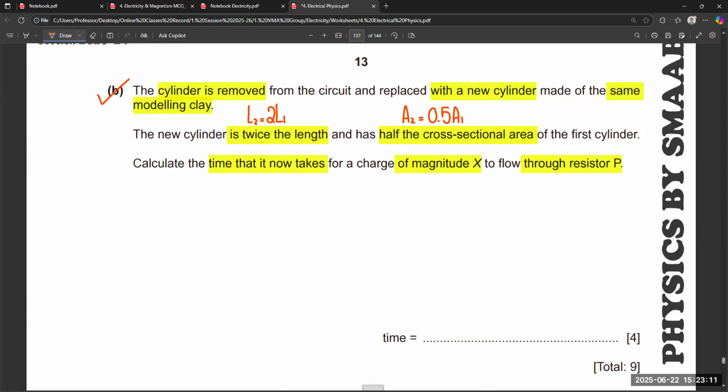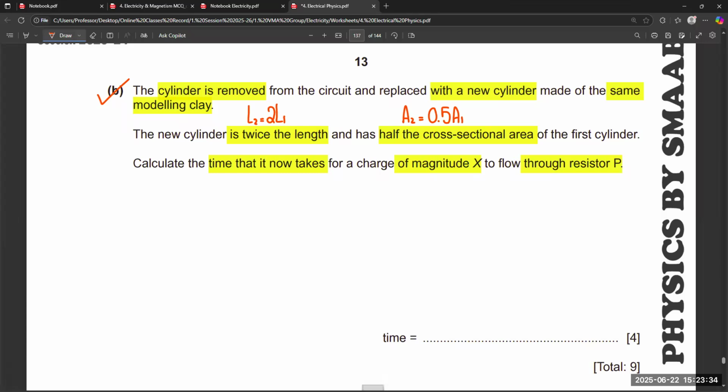So the question is to calculate the time it takes for the same amount of charge, 900 coulombs, to flow through resistor P.